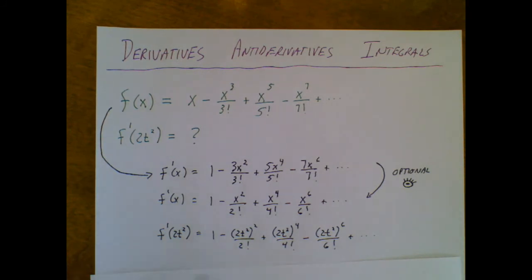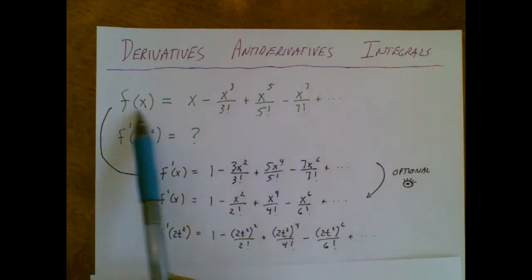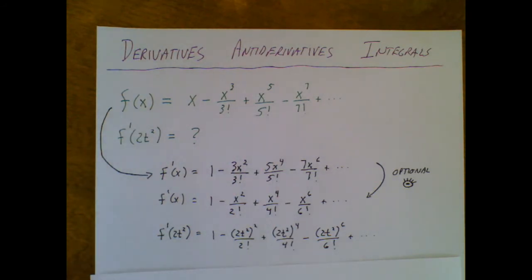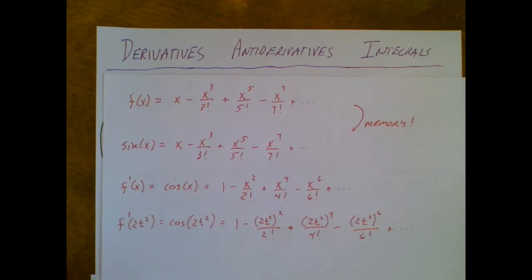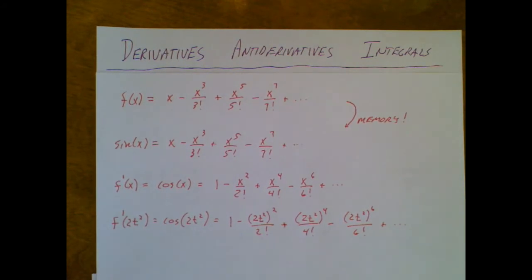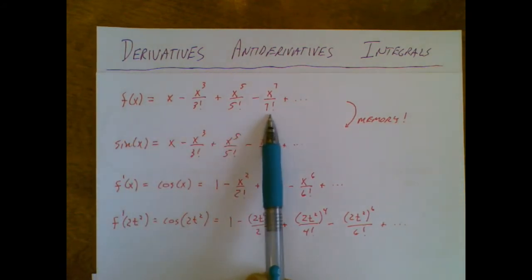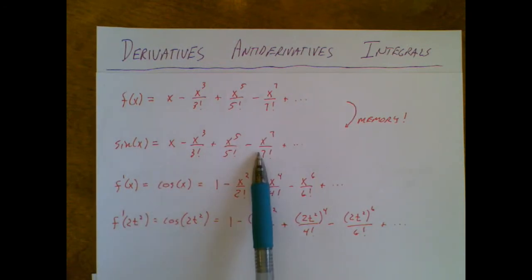Now let's see how we could have done this problem if we would have recognized f of x as a very famous function. Same problem, but now I recognize that f of x is really sine of x.